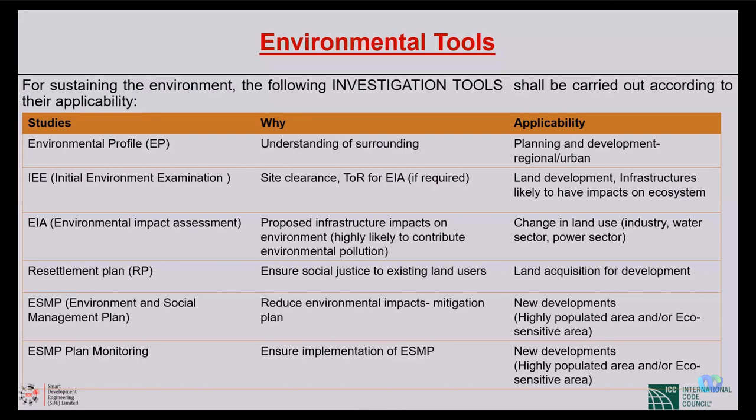These are the things included in the ESMP, and also a plan for monitoring, which is the last one, impact monitoring, the ESMP monitoring plan. So it is not only about producing the reports, but somebody, at the time of construction, has to monitor whether they follow the plan which was mentioned in the ESMP.